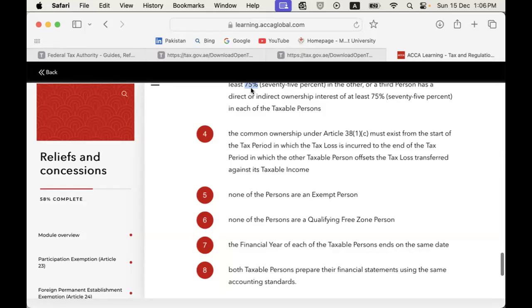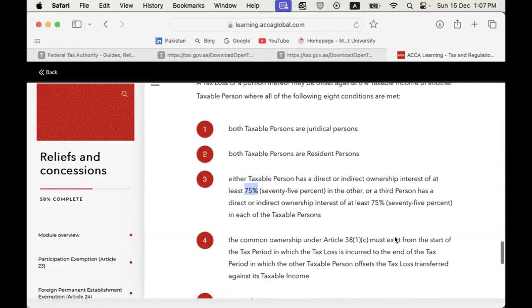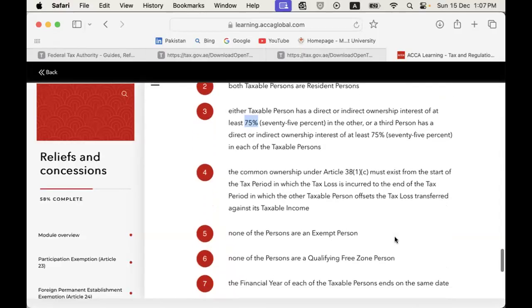Common ownership, the 75%, must exist from the start of the tax period until the end of the tax period. None of the persons are exempt or qualifying free zone persons, then the financial year, then the accounting standards. So similar conditions, if you really think about it, some of the conditions are being repeated in 3 scenarios.